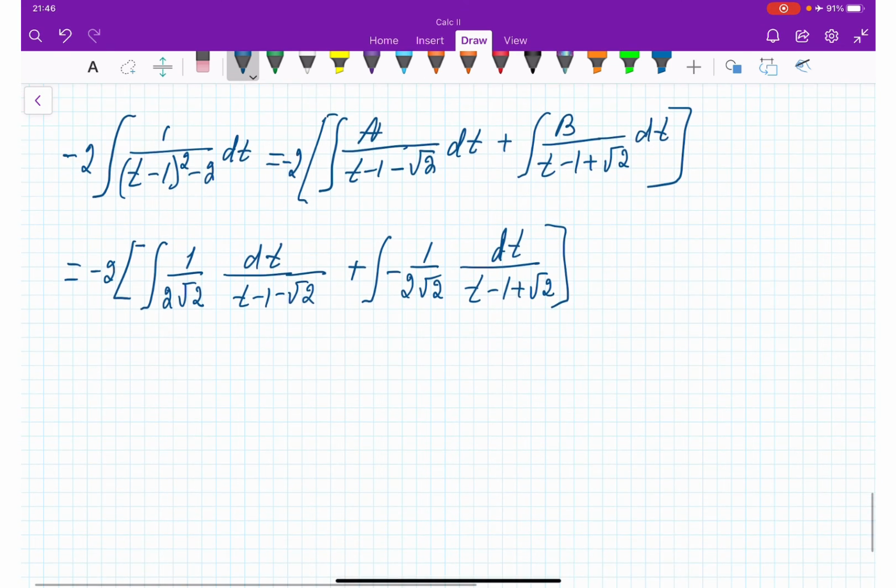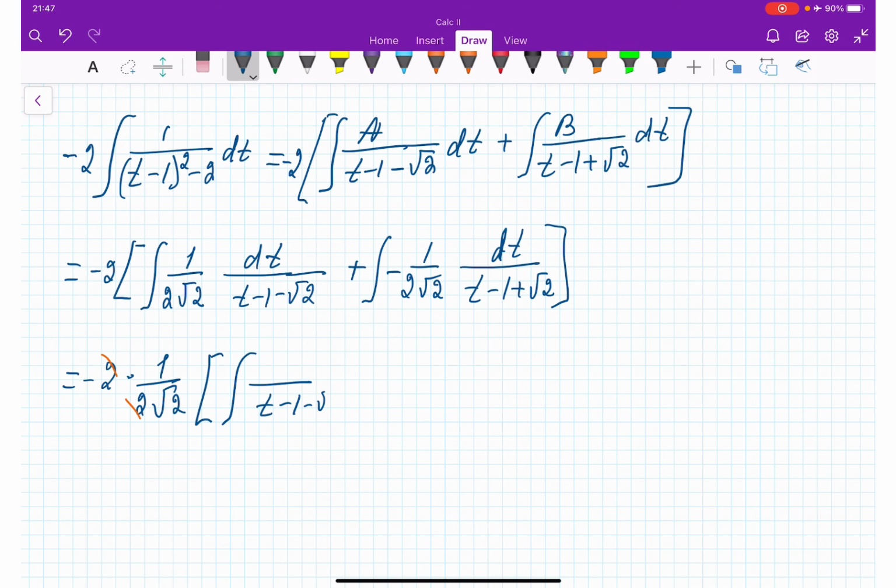Okay, so what do we get from here? I'm going to take out 1 over 2 square root 2, and we are getting negative 2 times 1 over 2 square root of 2. And this 2 and 2 is gone. And we are getting here integral of dt over t minus 1 minus square root 2.